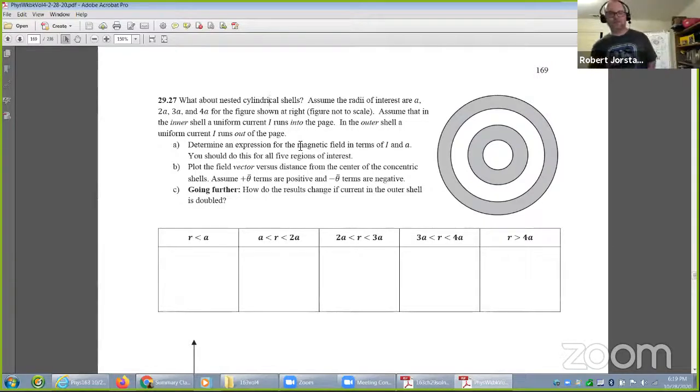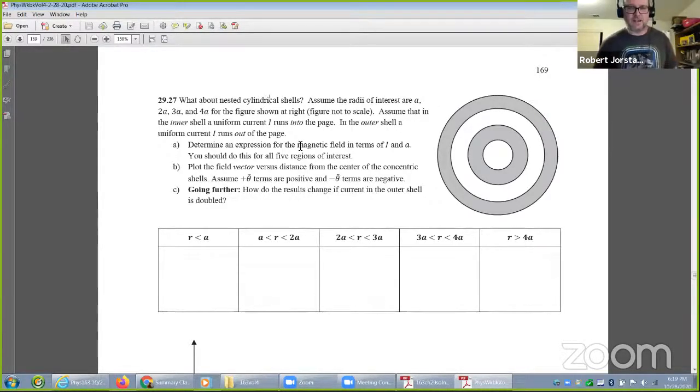Okay, we're on page 169. You got nested cylindrical shells. You got radii A, 2A, 3A, 4A. I feel like I should make a joke about taking a foray into the world of magnetic fields, but it's not going to happen. I guess it already did.